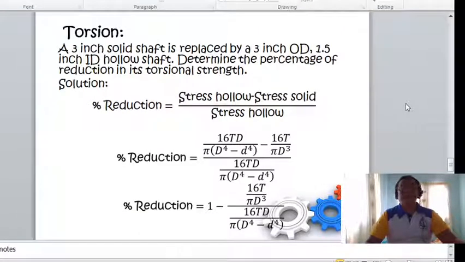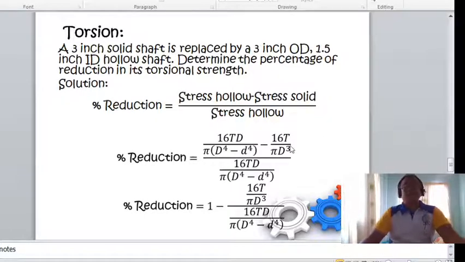So, another example class we have here. Maybe this is the last example in this presentation. So, a 3-inch solid shaft is replaced by a hollow shaft with a 3 inches outside diameter and 1.5 inches inside diameter. So, determine the percentage of reduction in torsional strength.